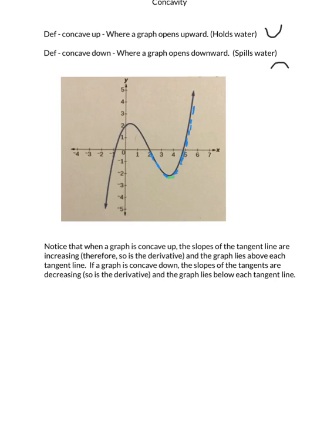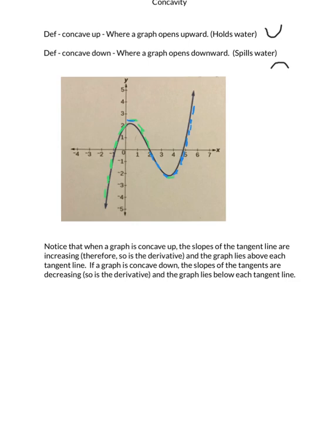Now let's look at the area where the graph is concave down. Starting over on the far left, if we started drawing a series of tangent lines, you could see that they start very steep and positive, and they get less steep, which means the slope is getting smaller.